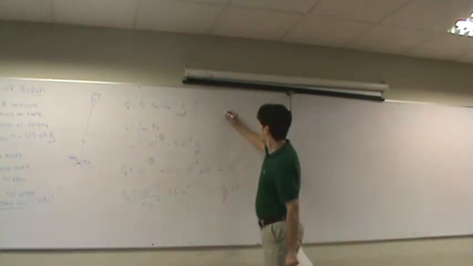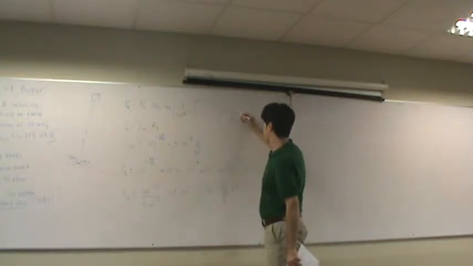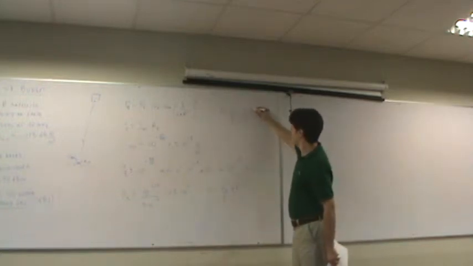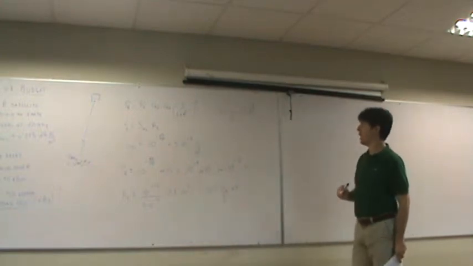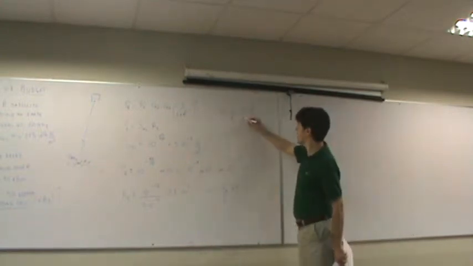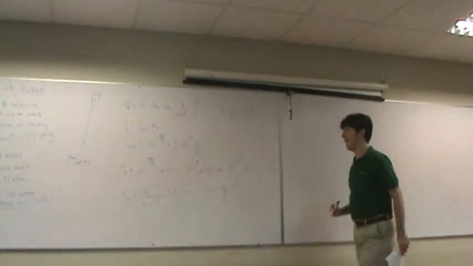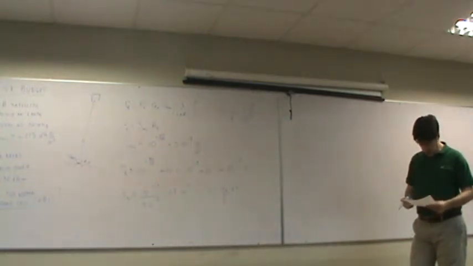And lambda, please remember, is the speed of light divided by the frequency. We are in vacuum, so this is 3 times 10 to the power 8, divided by 10 gigahertz, that is 10 to the power 10. So the wavelength is very small indeed.